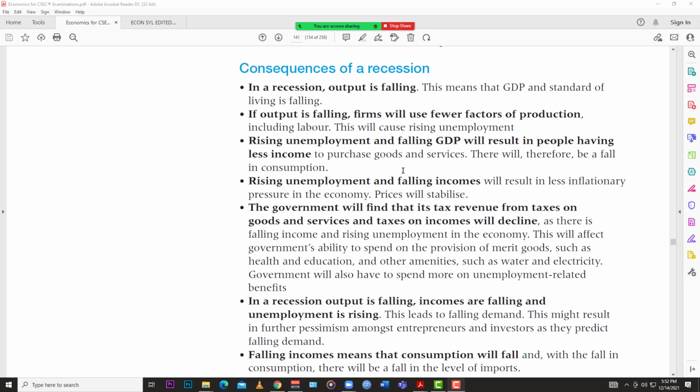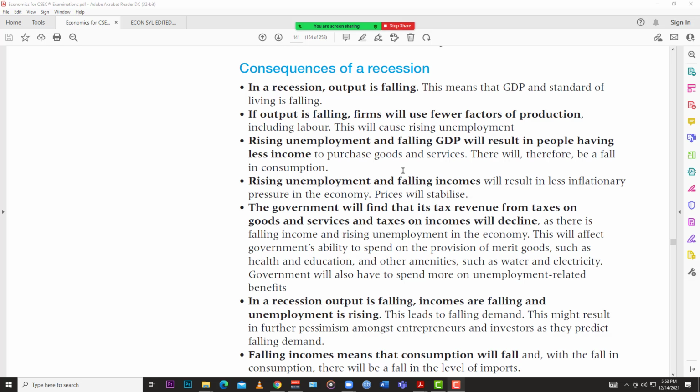Keep in mind what a recession is: falling output, falling demand, falling incomes, falling consumption, falling investment. The only thing going up is unemployment. So you can see the fallout from all of these things happening. No money, you can't buy anything, demand falls, so people get laid off because nobody is buying anything. So you can see the whole link between the consequences of the recession.